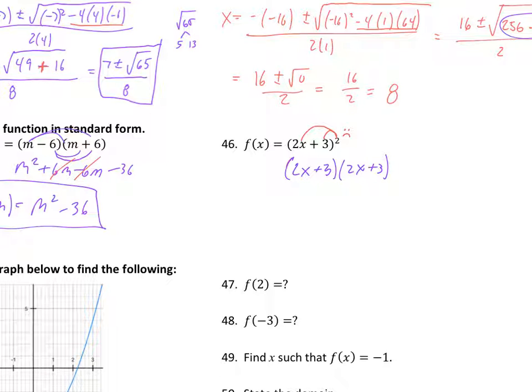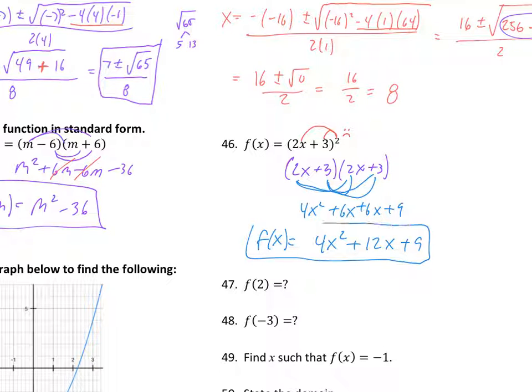And then go through the FOIL, which would be 4x squared plus 6x plus 6x plus 9, which will give me 4x squared, and then 6 and 6 give me 12x, and 9, so f of x equals that. So there it is in standard form.